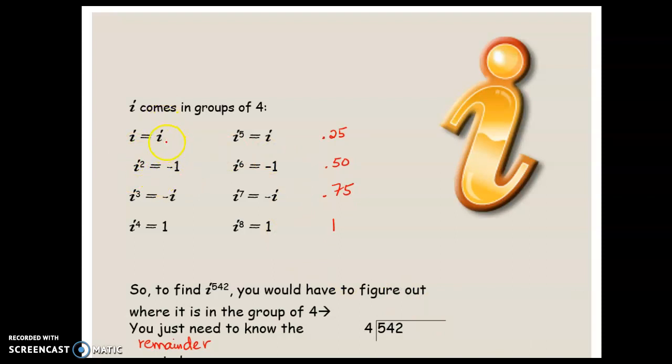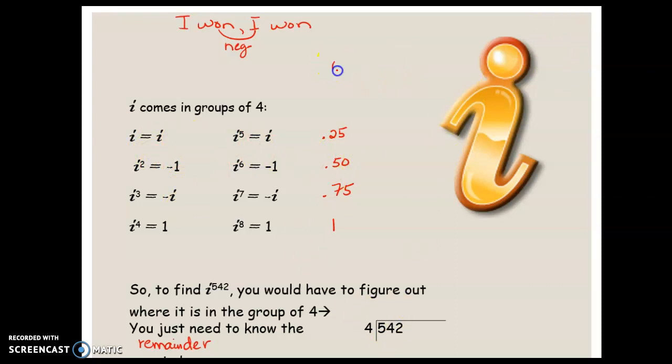If you are trying to remember these, I always think of it as i, 1, and these middle two are negative. Okay? i, 1, the middle two are negative. All right? So if you do that to yourself, you can write it right up in the corner.